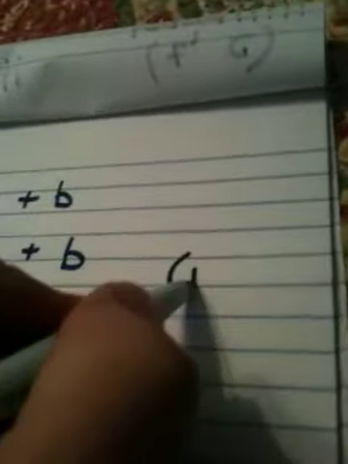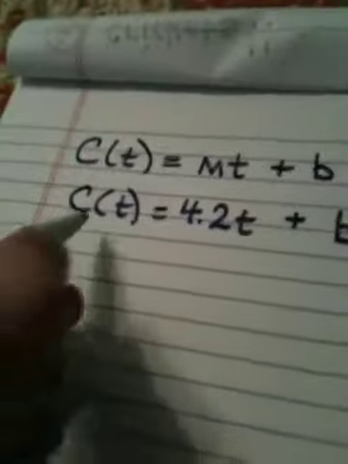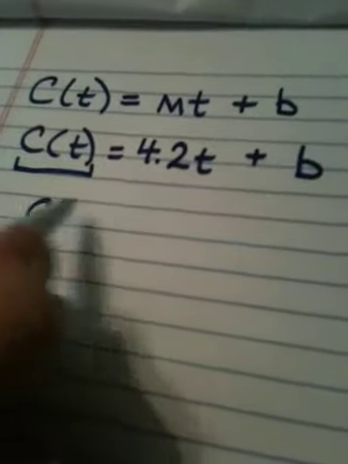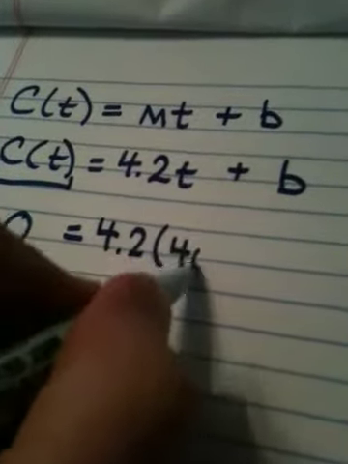One of the ordered pairs given was 40, 0. This is T, and this is C of T. This is input, this is output. So when I come over to my function and I use this ordered pair, C of T becomes 0, and T is 40.